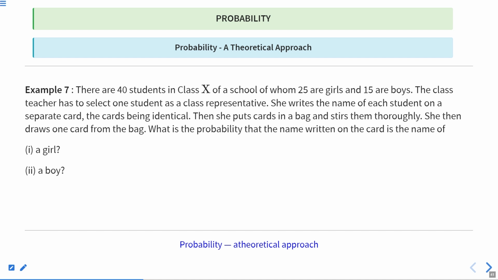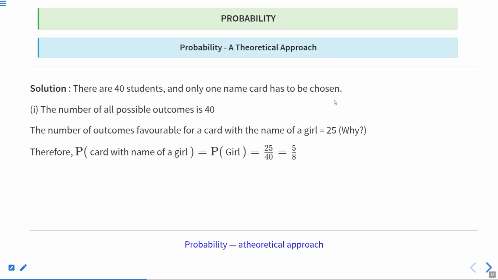Then she puts the cards in a bag and stirs them thoroughly, and then draws one card from the bag. Now what is the probability that the name written on the card is the name of a girl, and the name of a boy? So let us see how to solve this problem.